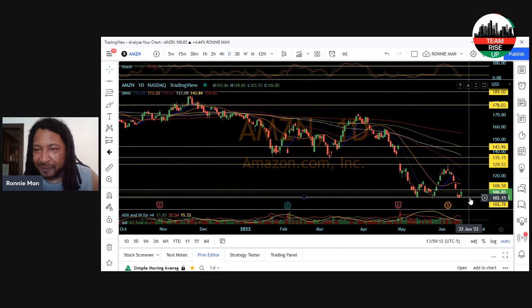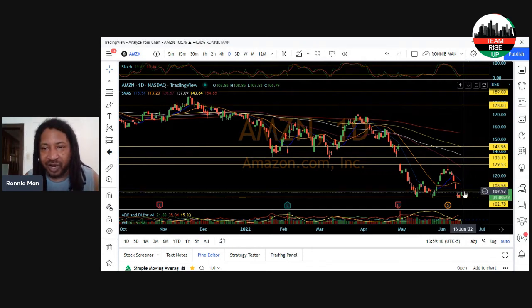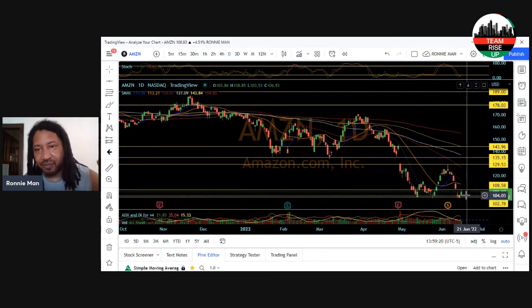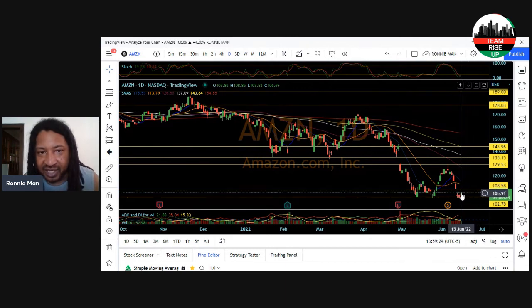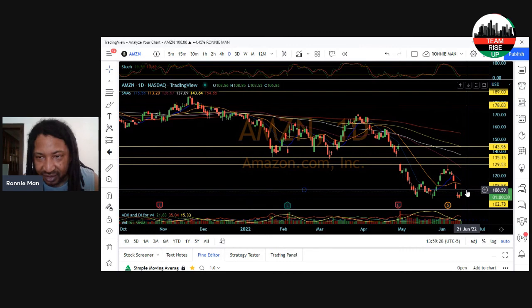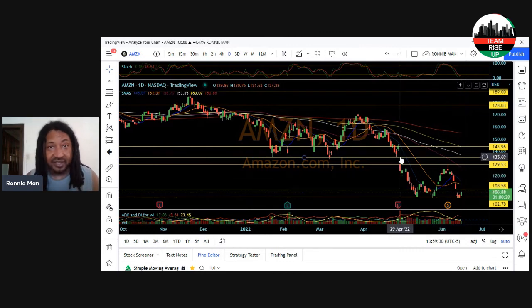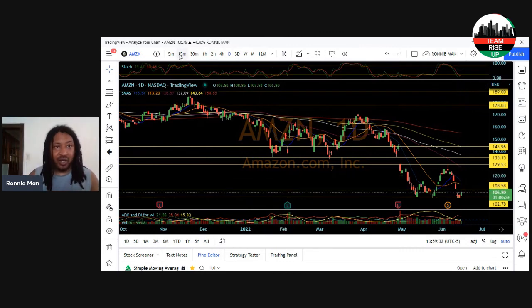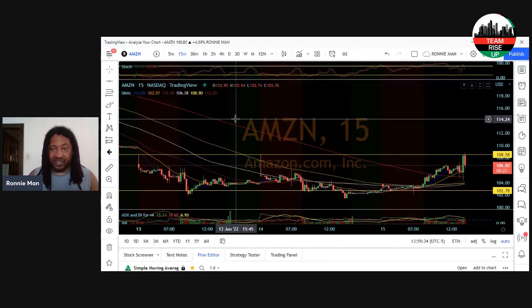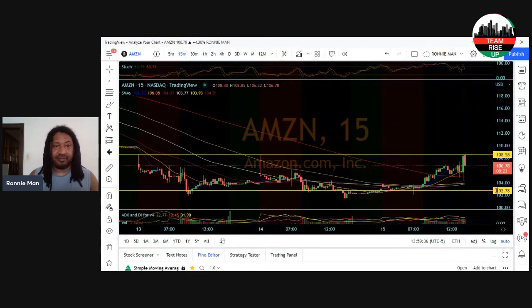This is crazy. But be mindful of where you are on the charts as it relates to price, because as it is right now, we just saw Amazon surge, right, and it just hit this resistance. We just saw it, this literally. Let's look at a smaller time frame. This literally just happened.